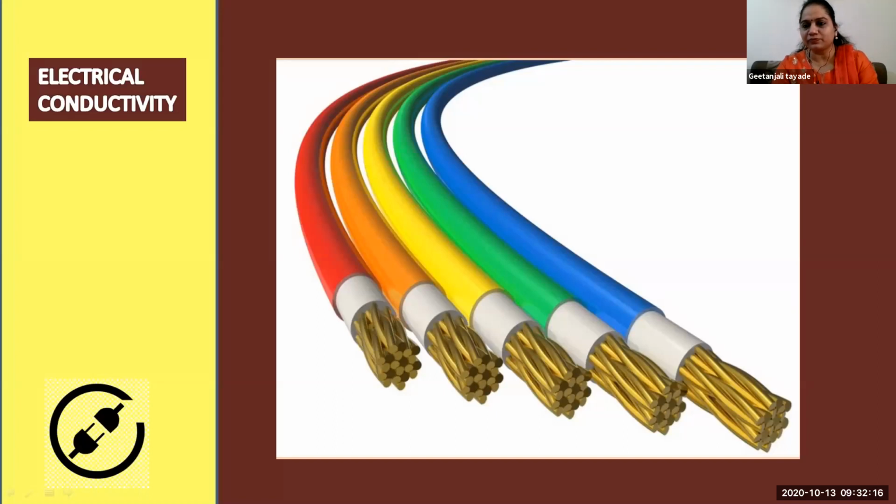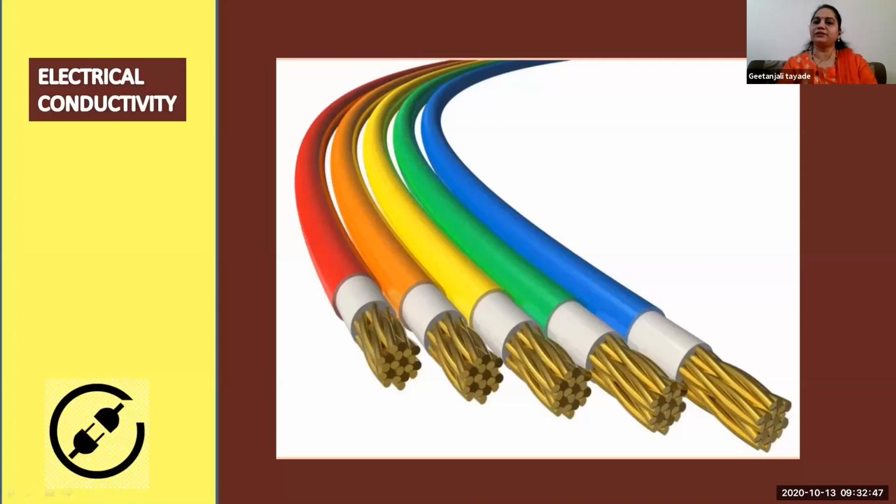Miss, there is glass, because through glass the electricity cannot be supplied. Okay. Glass is not a good conductor. Very correct. Electricity can't flow through glass.